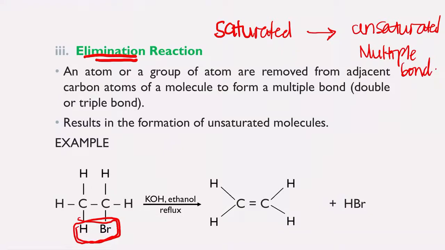Okay, so then when you remove this HBr, you will form an alkene. Okay, this double bond will form.